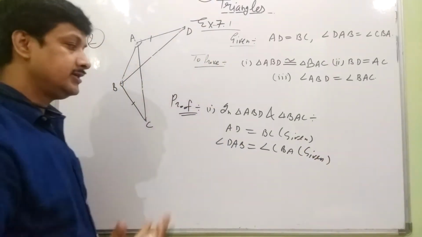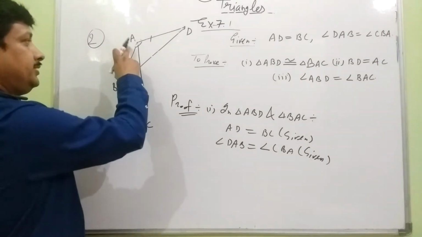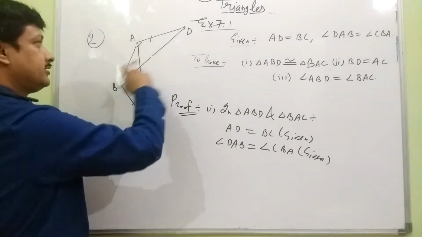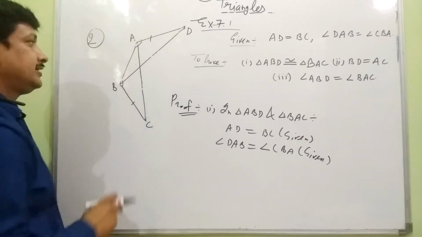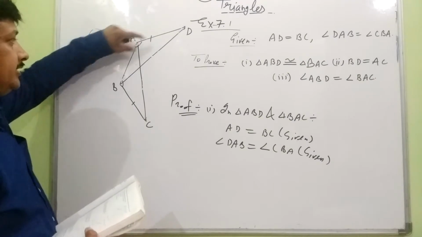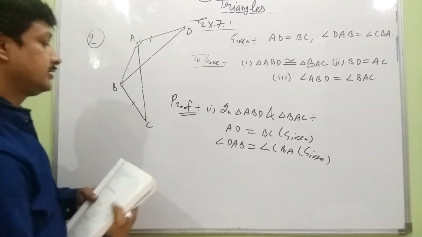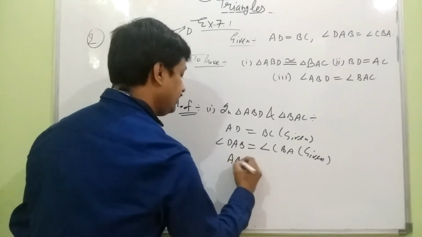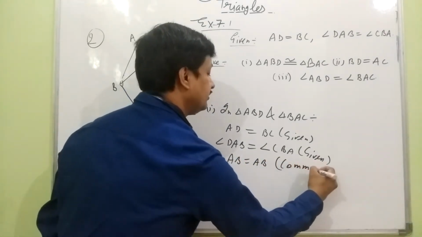Now what is the third thing? Just think. You can see AB side of this triangle is common to AB side of this triangle. Means AB side is shared by these two triangles. AB side is common in both the triangles. So we can write AB equal to AB. It is common.